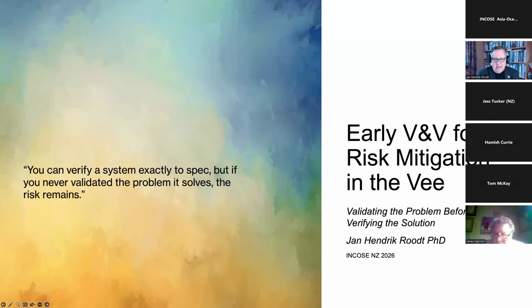And I think you can verify a system exactly to the specification, but if the problem definition was unstable, the risk remains. And so that part there, the problem definition that is unstable, is part of what I want to talk about today. So I want to look at the V as a risk lens, not just as some sort of interpretation of a life cycle, if that makes sense.